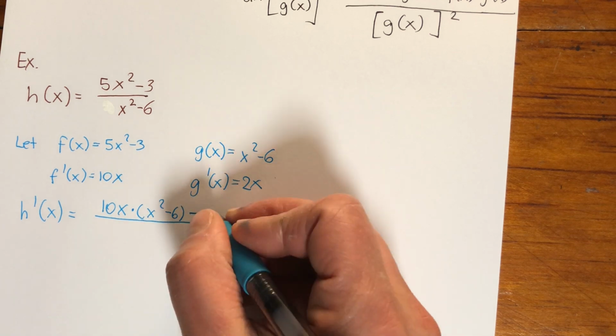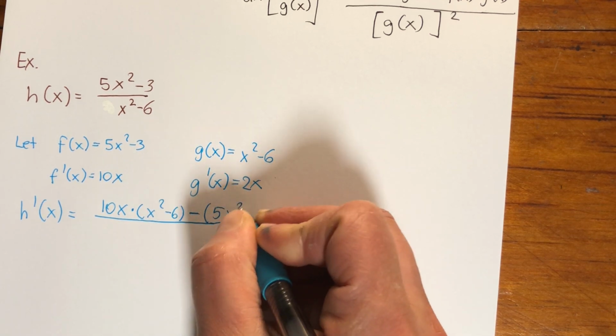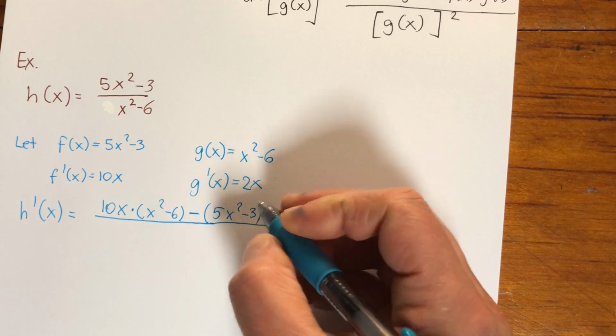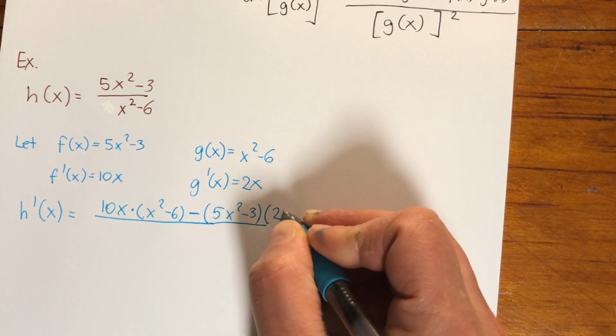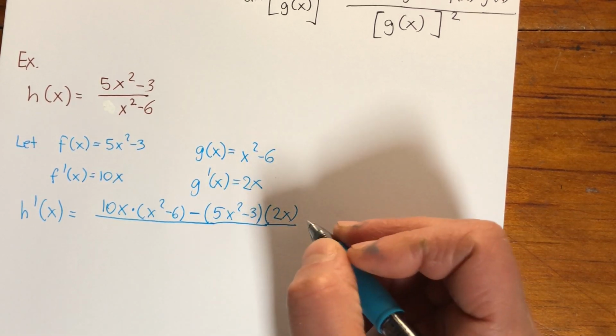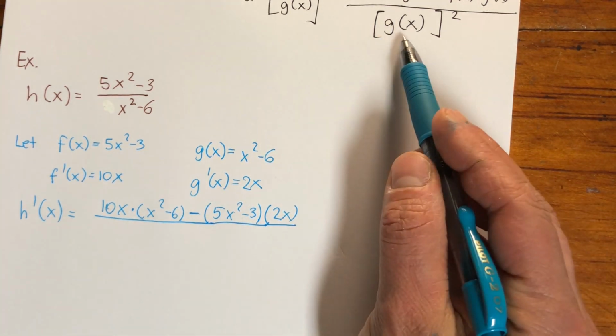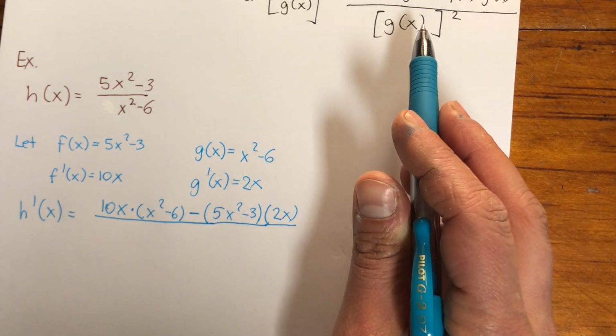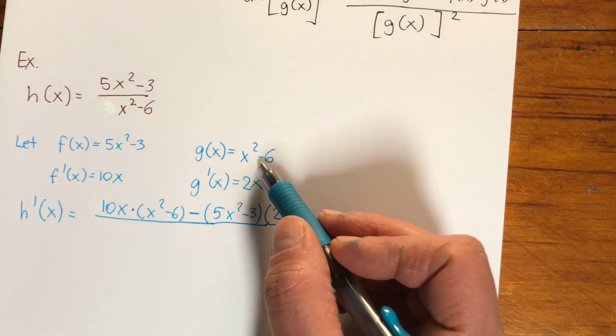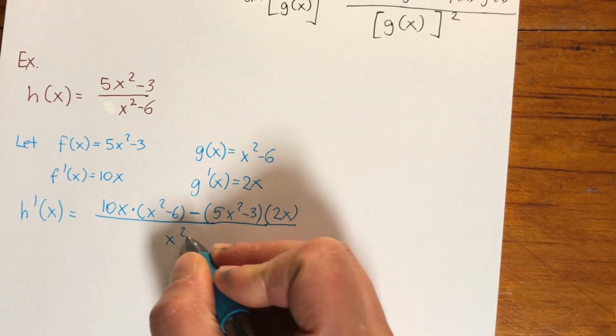The original f function was 5x squared minus 3, and the g prime was 2x. Again, parentheses are necessary. And then the g function, notice just the g function, which is the original here, needs to be squared.